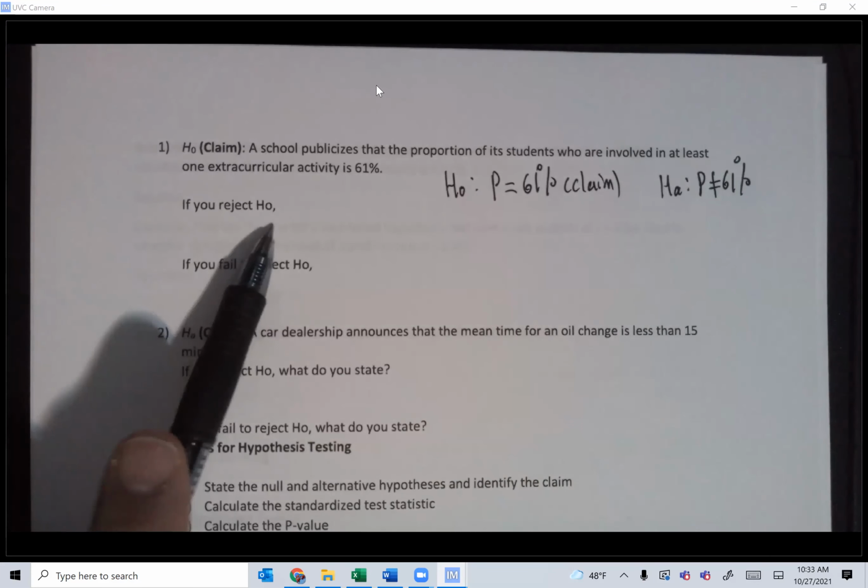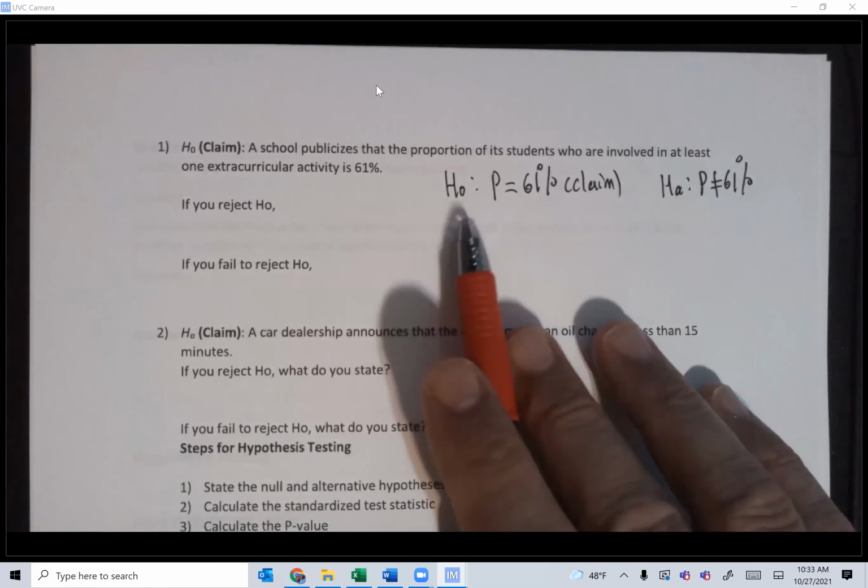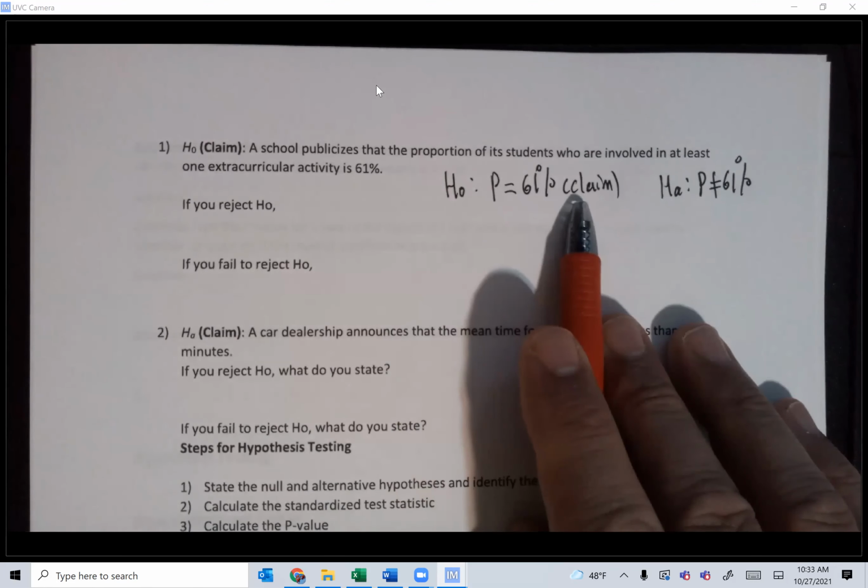If you reject H0, what do you say? If you reject H0, and the claim happened to be in H0, you just reject the claim.